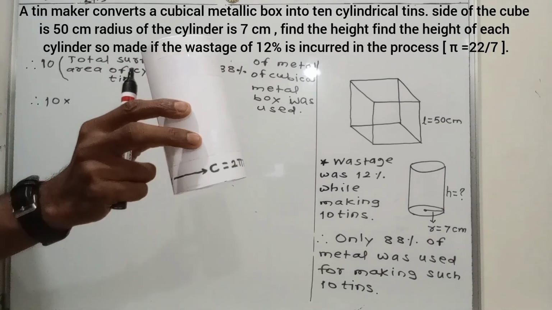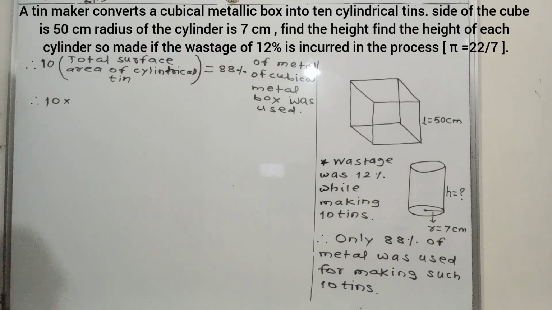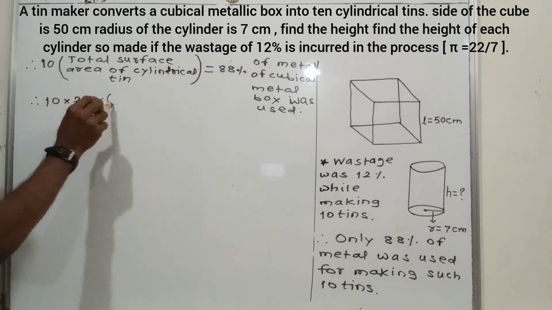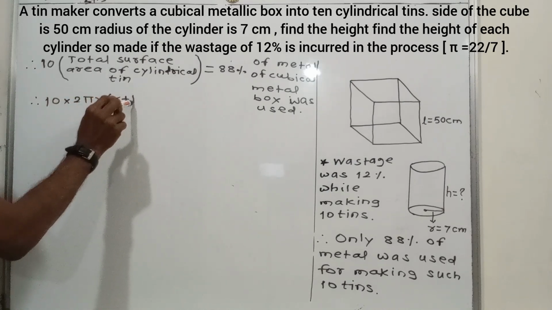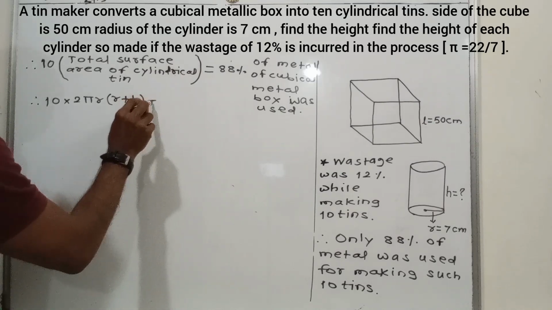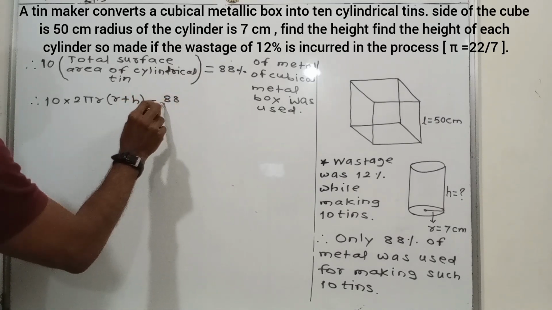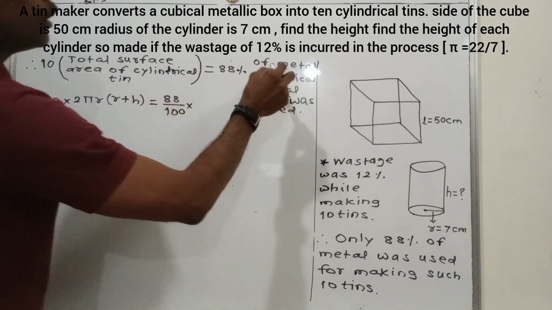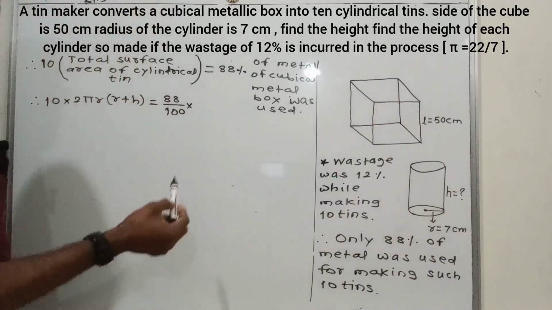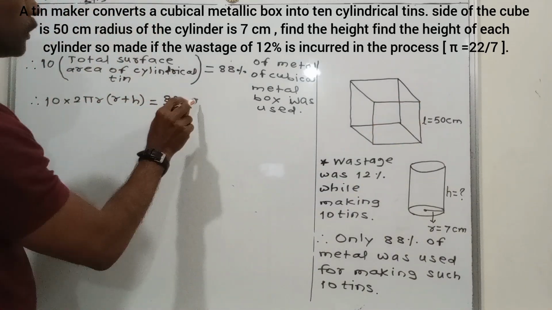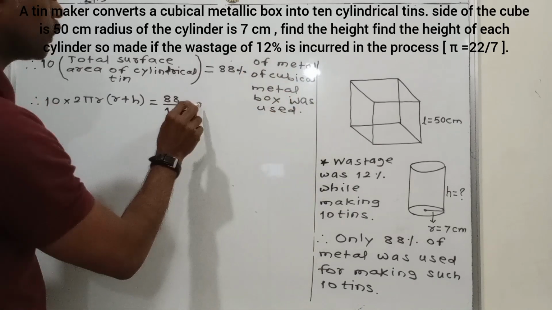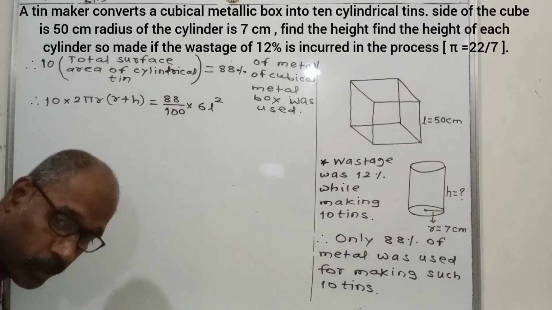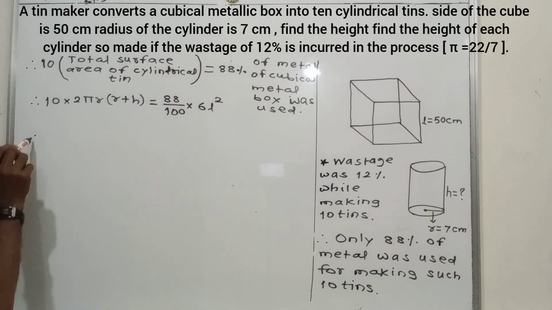Then total surface area of cylinder is 2 pi r (r plus h) is equal to 88%, means 88 upon 100 into total surface area of cube. Total surface area of cube is 6L square. Did you get it? Very simple formula.